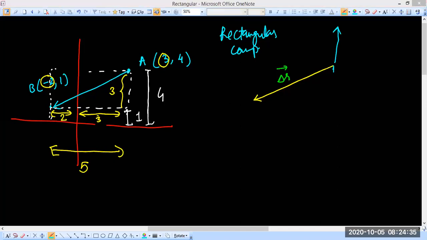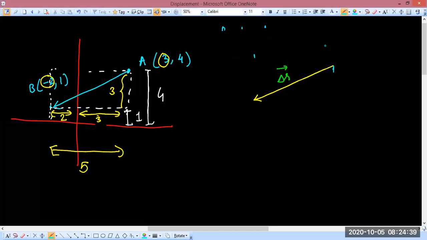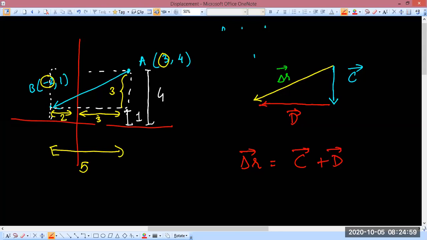You cannot draw it up, it's impossible. So I must take components like this. This is one, suppose we call it c vector. And let's take one more vector, d vector, like this. I hope everyone is seeing it, and finally everyone understands that we get this relation by triangle law.